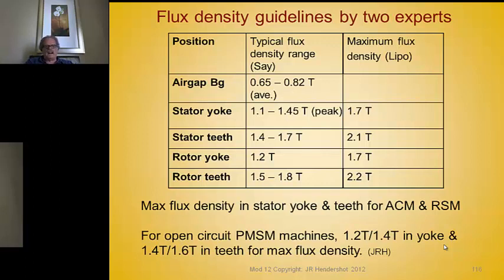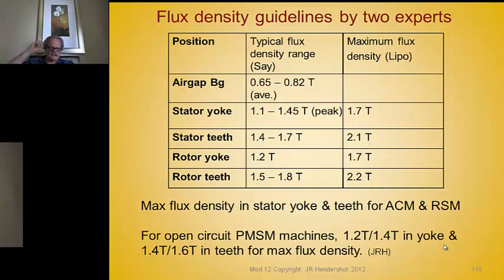So he allows higher flux densities across the board because he can control the magnetizing current, and he can control the torque of the machine better with an inverter duty. So he wants to get higher torque density out of the machine, so he runs the flux densities higher. But you just have to deal with the losses.